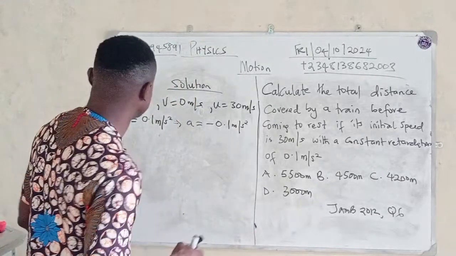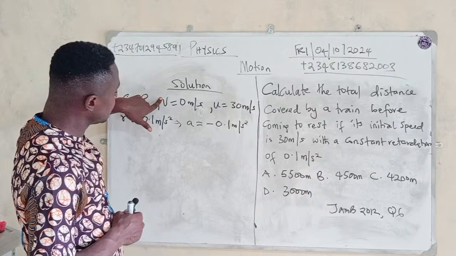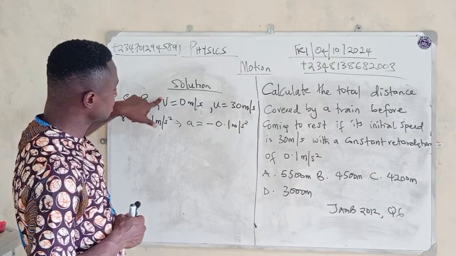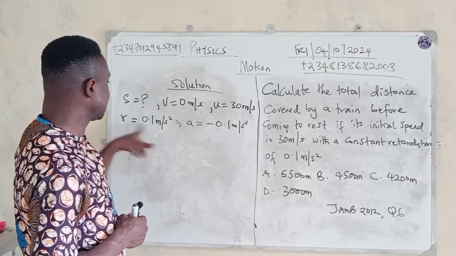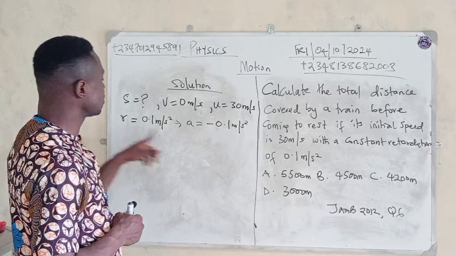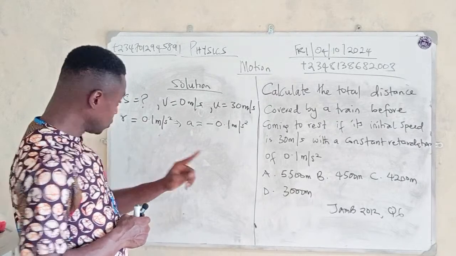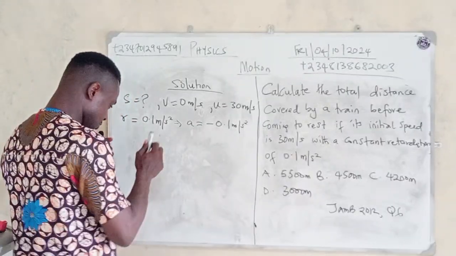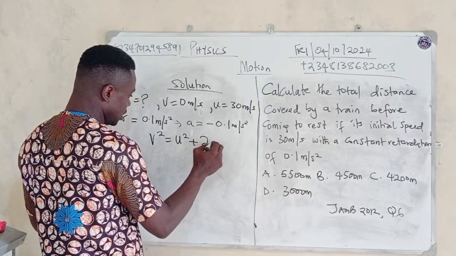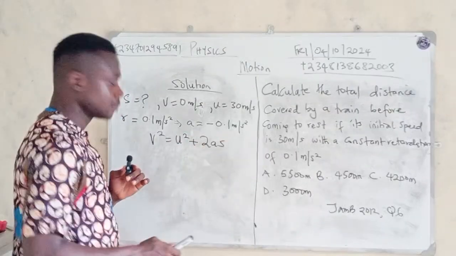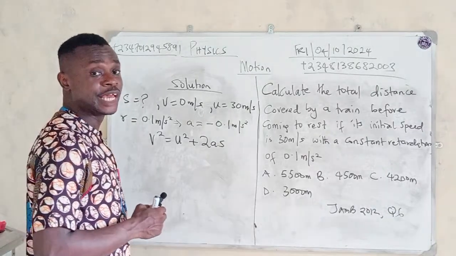There is distance, final speed, initial speed, and acceleration because of the retardation. The equation of motion that contains all these is V squared is equal to U squared plus 2AS.